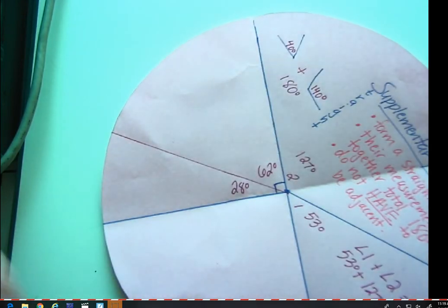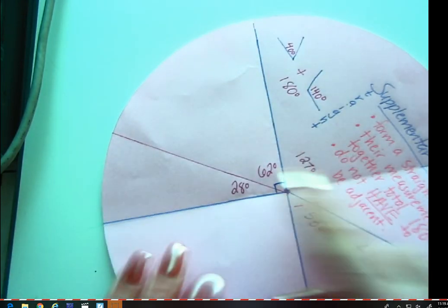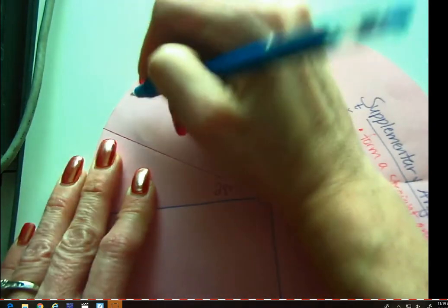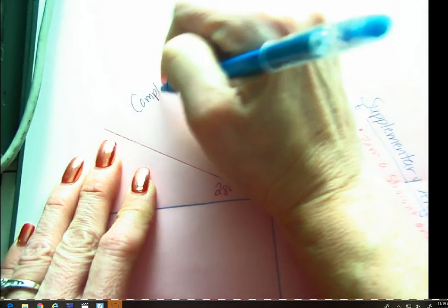And together they form complementary. So these two angles together, if I add them together, they form a right angle. So these type of angles are called complementary angles.